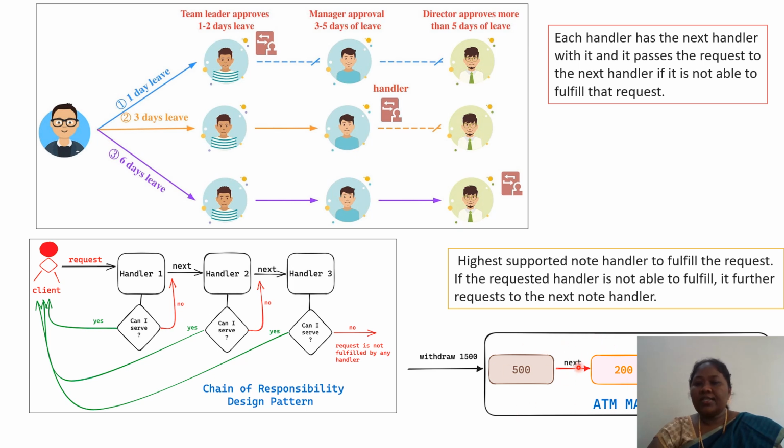In case it is not there, the handler will reinform. So if the request is not fulfilled by any handler, at least you will get the answer no. So this is also a kind of pattern through which the customer's request, or the user's request, will be handled in the microservice architecture.